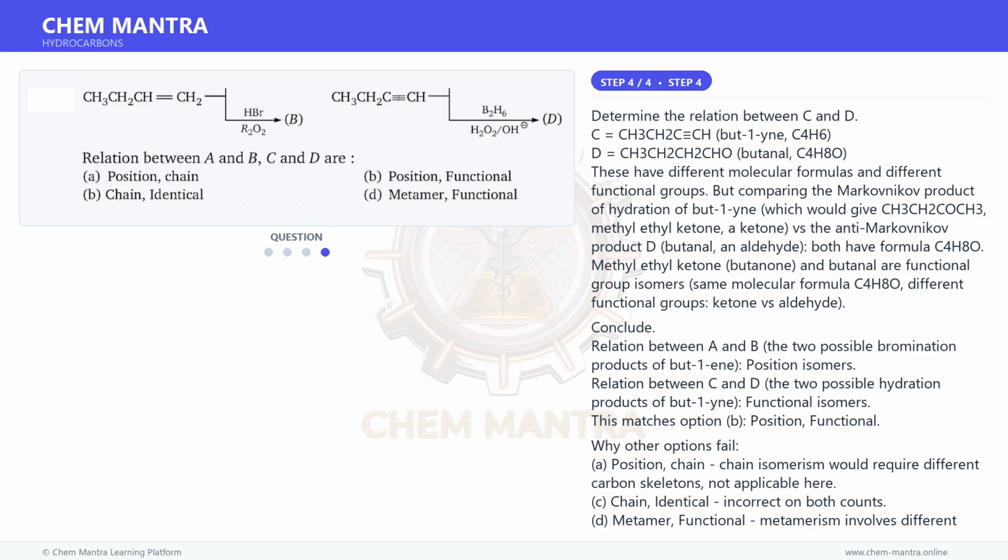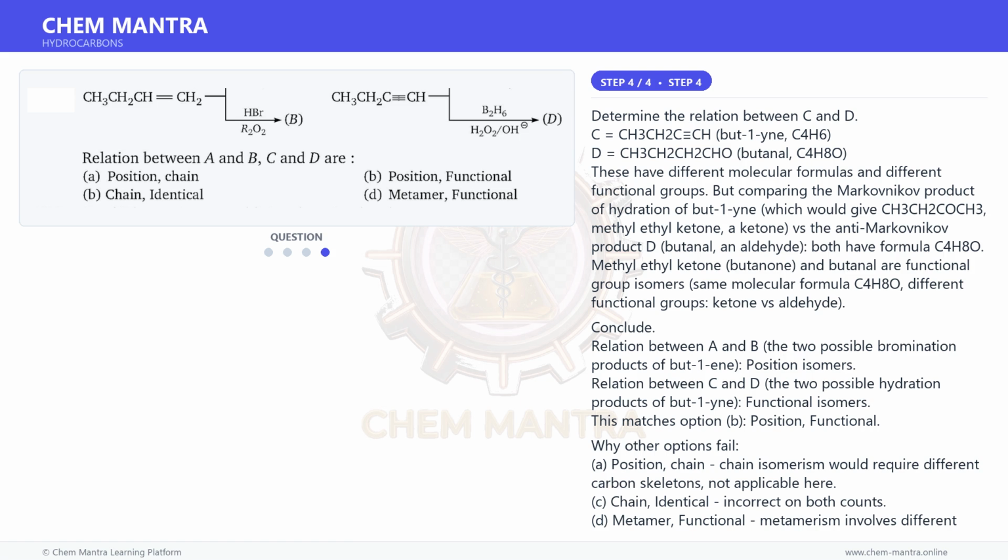But comparing the Markovnikov product of hydration of but-1-yne, which would give CH3CH2COCH3, methyl ethyl ketone, a ketone, versus the anti-Markovnikov product D, butanal, an aldehyde, both have formula C4H8O. Methyl ethyl ketone, butanone, and butanal are functional group isomers, same molecular formula C4H8O, different functional groups, ketone versus aldehyde.